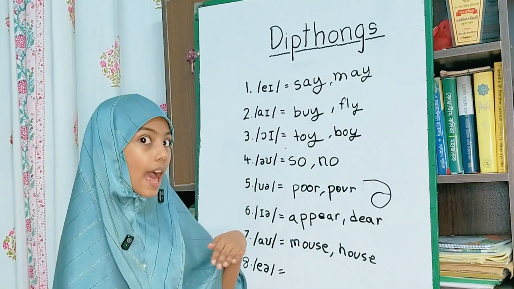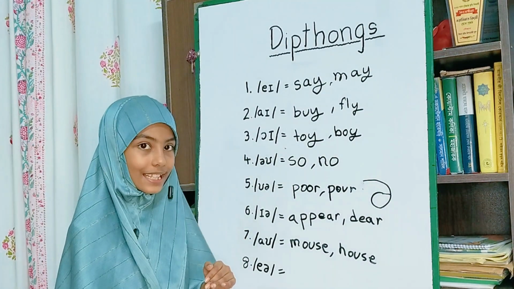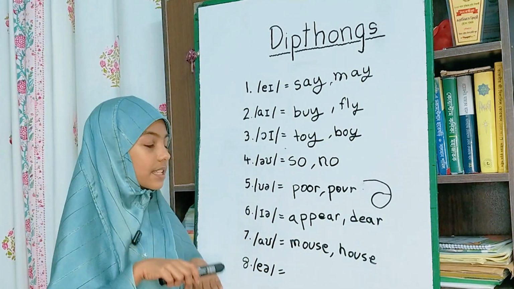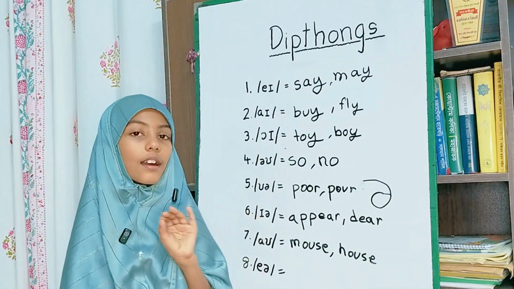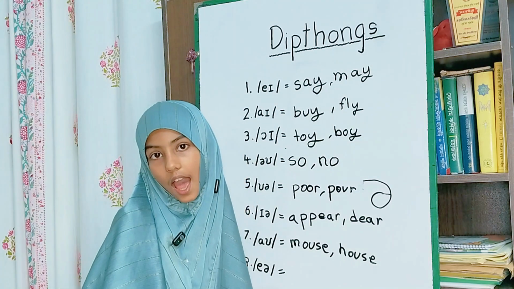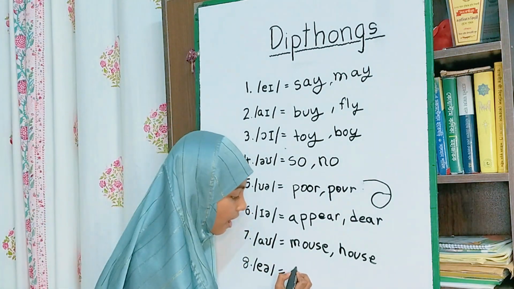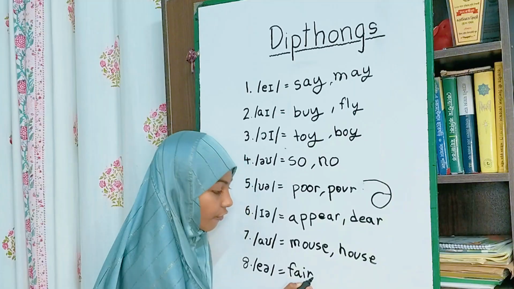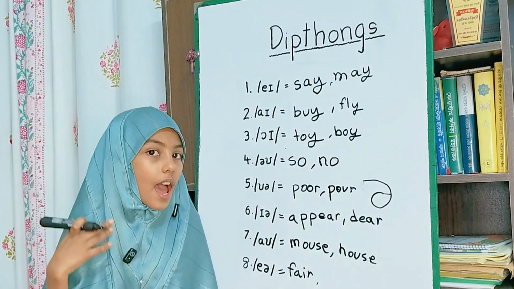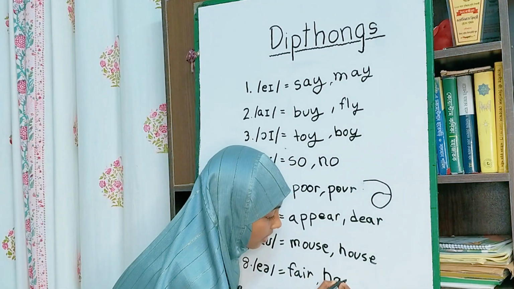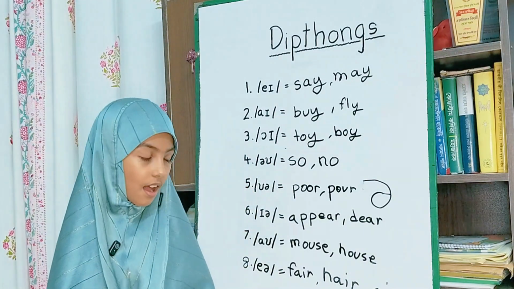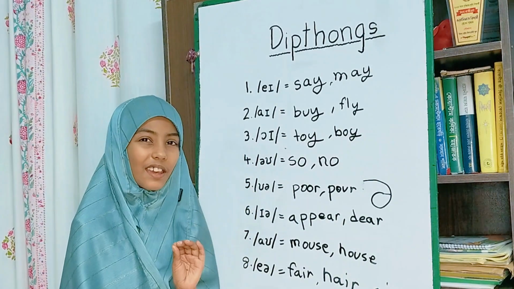So E is A and then the schwa sound, in the middle of A and A. Air, such as fair, hair.